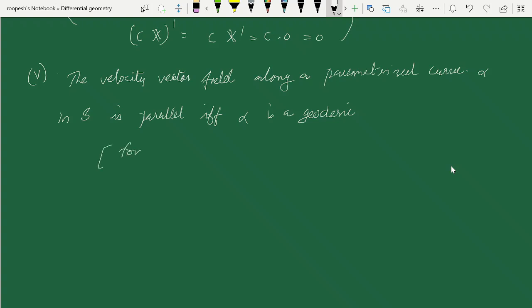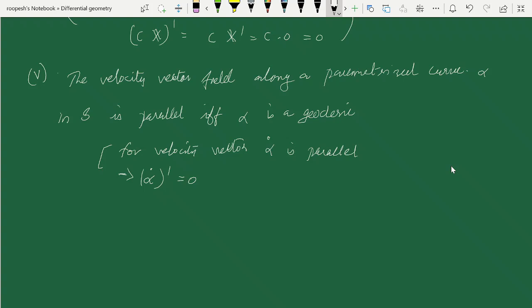For the velocity vector alpha dot to be parallel, this implies alpha dot dash equals 0, right?